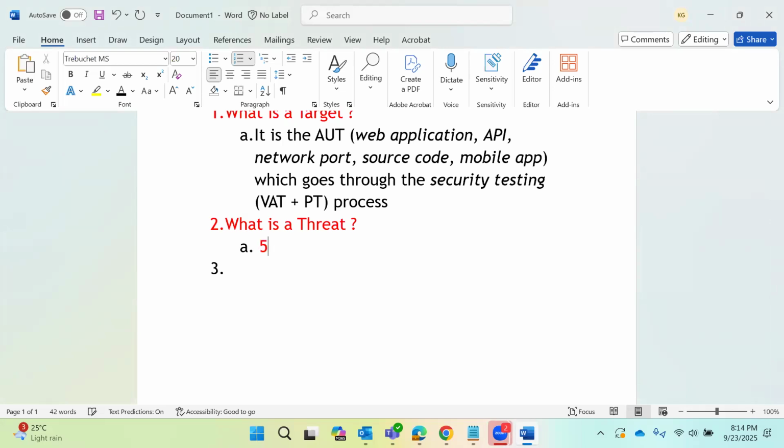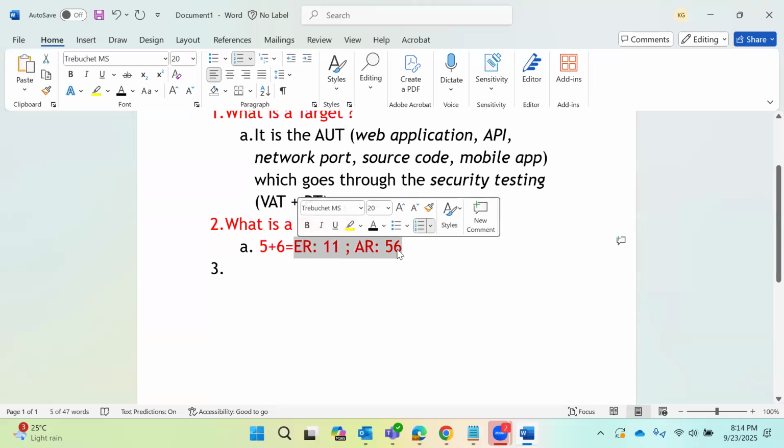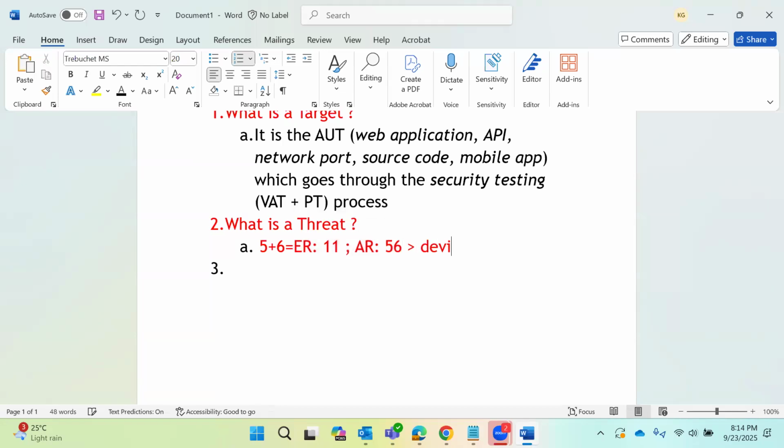When I do addition 5 plus 6, my expected result is 11, but the calculator my developer has developed gives me the answer 56. That is my actual result. Whatever the application is giving is the actual result, and whatever you are expecting is the expected result. Whenever there is a difference between them, a deviation is observed, and we call that a bug or a defect.